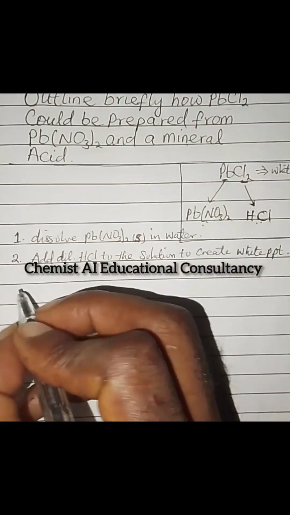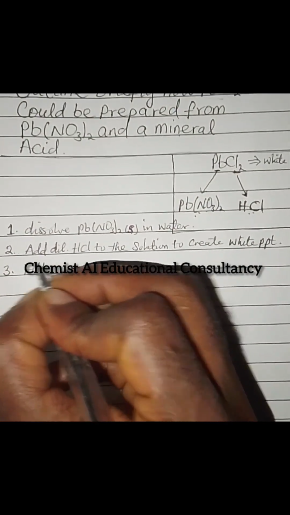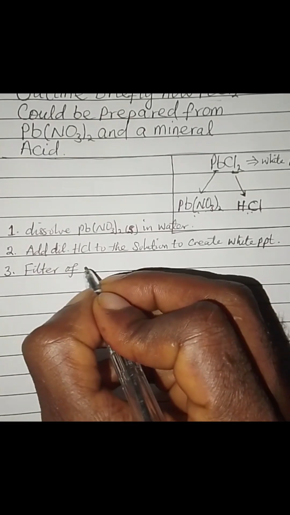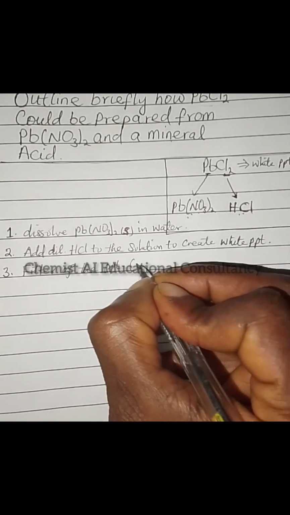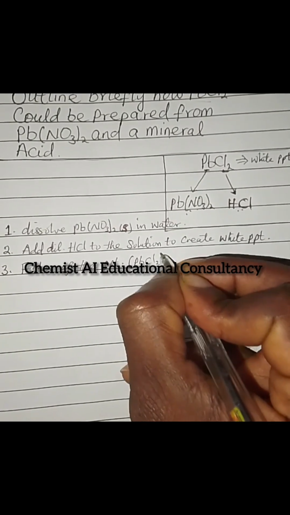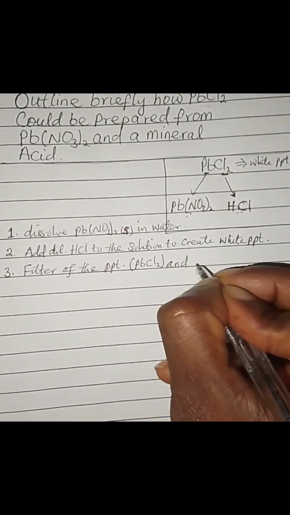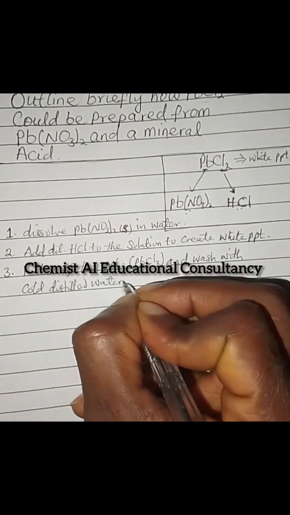So once the white precipitate is formed, it leads us to filtration. So number 3, you filter the precipitate, which is lead 2 chloride. And after filtering, remember, lead 2 chloride is sparingly soluble, especially in hot water. So you wash with cold distilled water in order to make sure that there is no waste of lead 2 chloride.